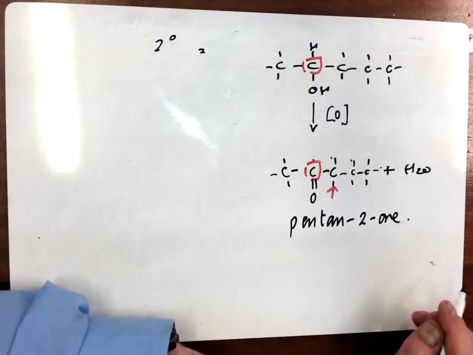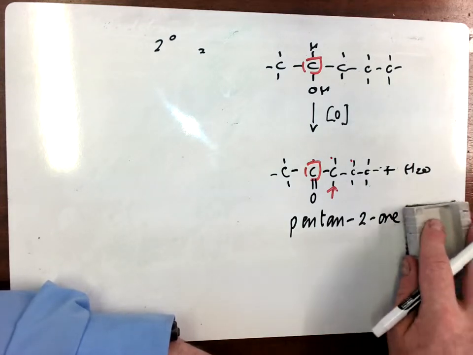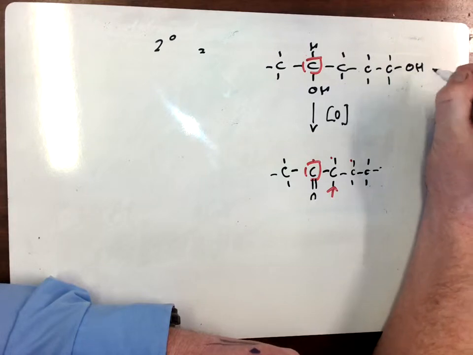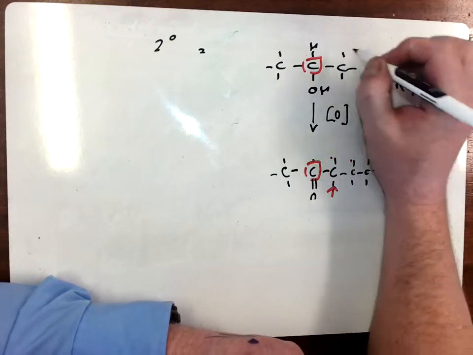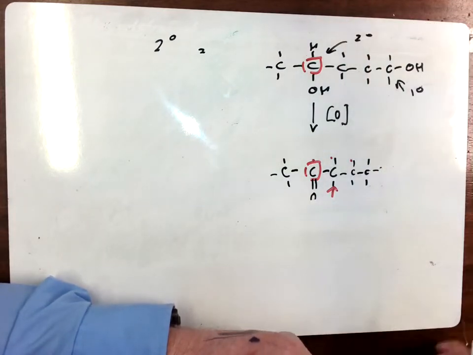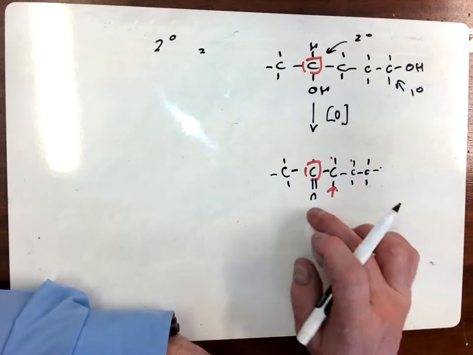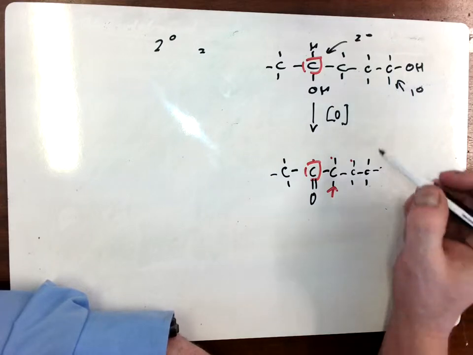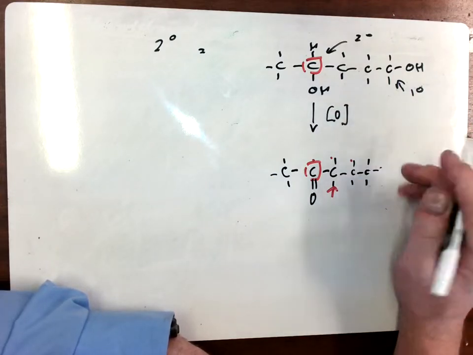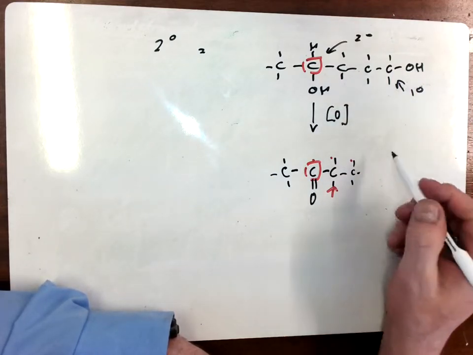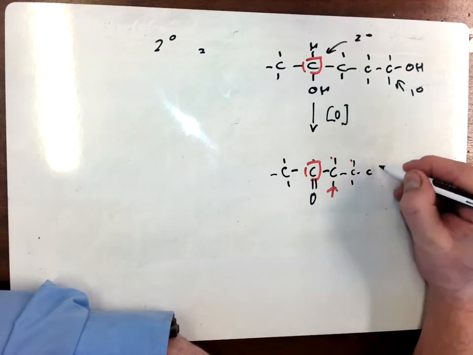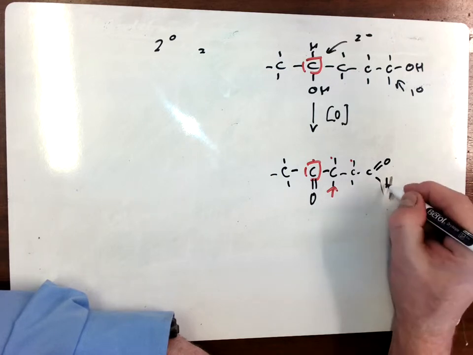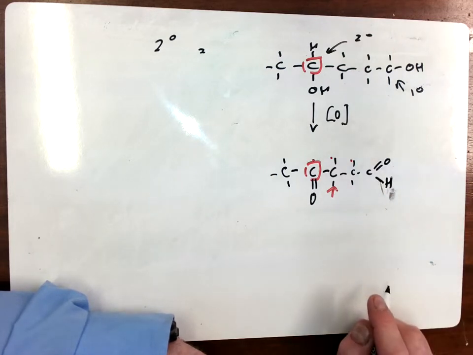Okay. Let's say they made it a little bit nastier for you and they give you something with a primary group here and then your secondary group here. We just treat them completely independently. So in the first oxidation, okay, you will get the secondary going to a ketone, and you would get the primary, as we had on the last slide, going to aldehyde.